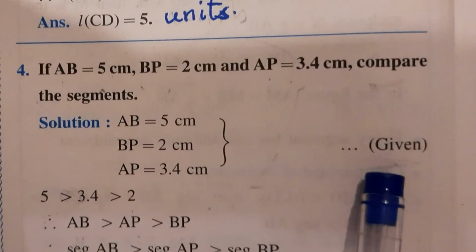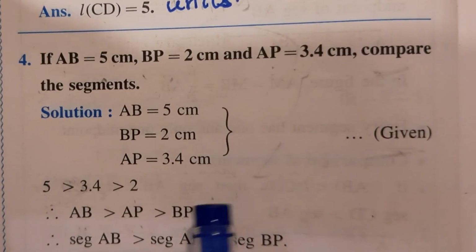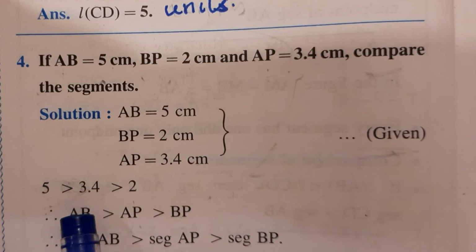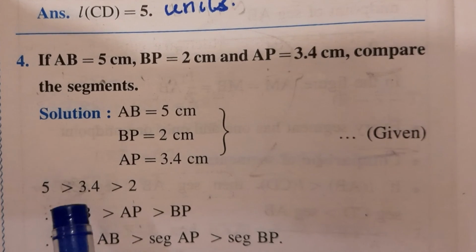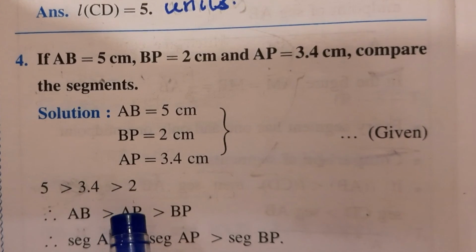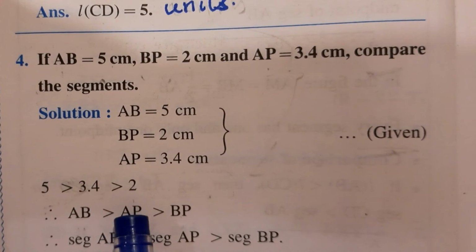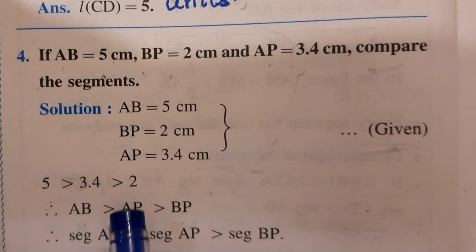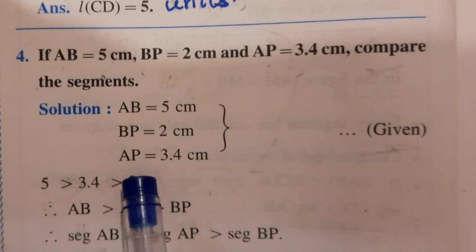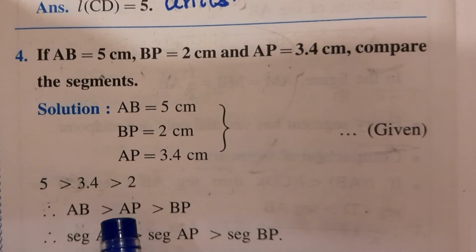Therefore we can say length AB, 5, is the length of segment AB. Length AB is greater than length AP, which is 3.4, the length of segment AP. That is greater than length BP, because length BP is 2 centimeters.